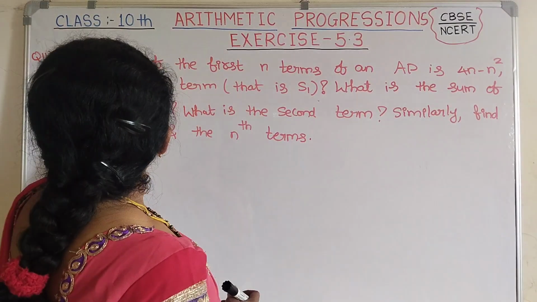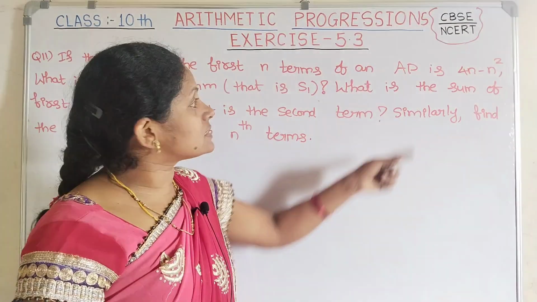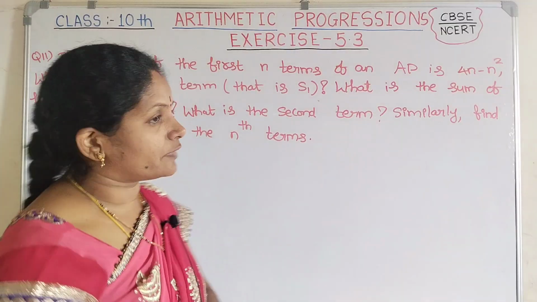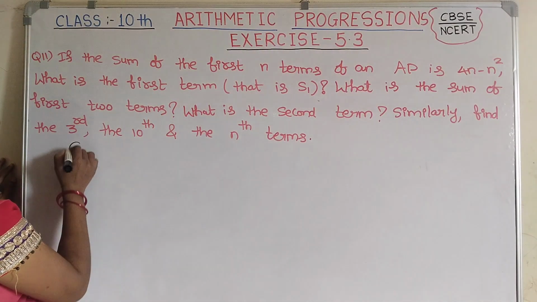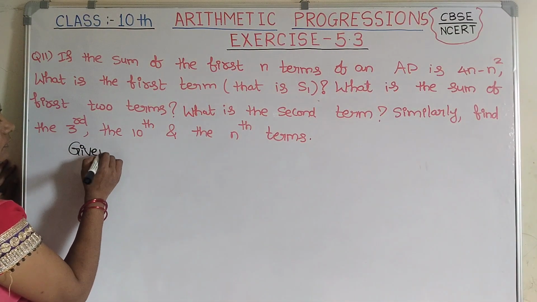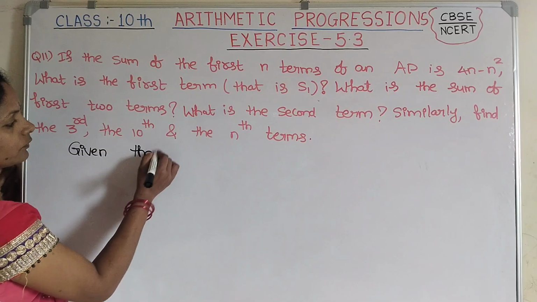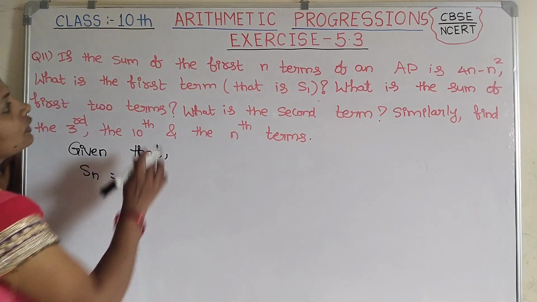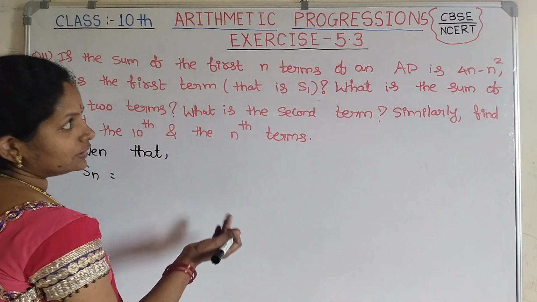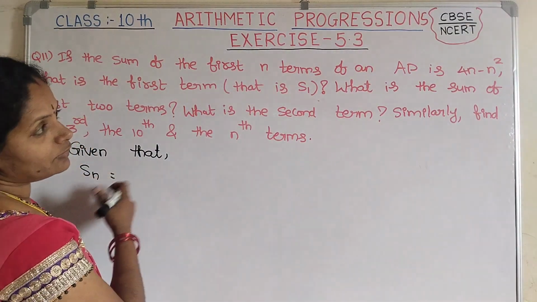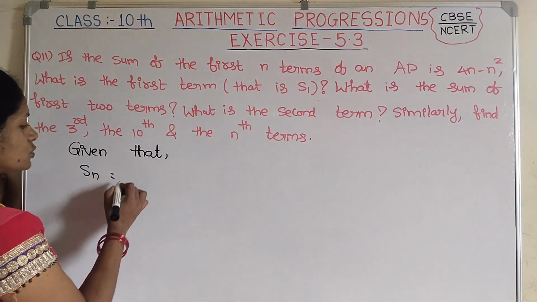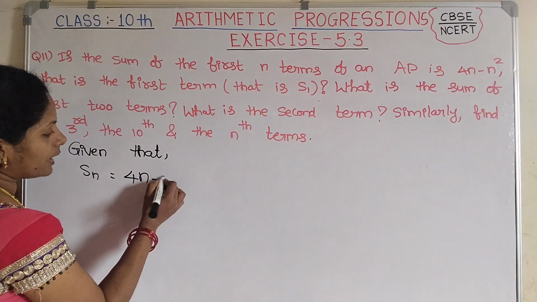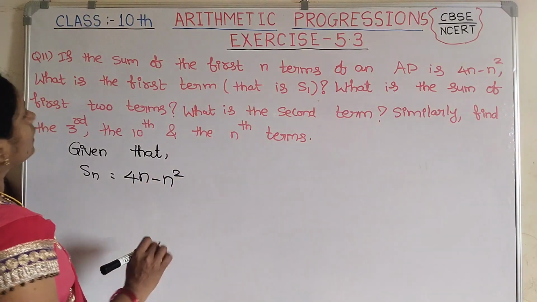Here, the sum of first n terms is given as 4n minus n square. Given that Sn is given to us, because the sum of first n terms we denote with Sn, that's why we can write Sn is equals to 4n minus n square.